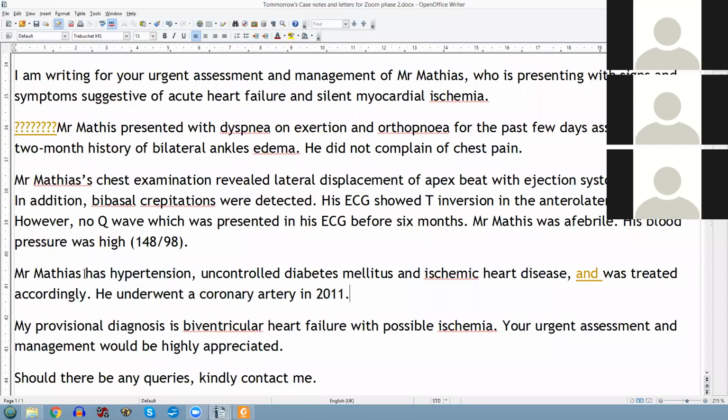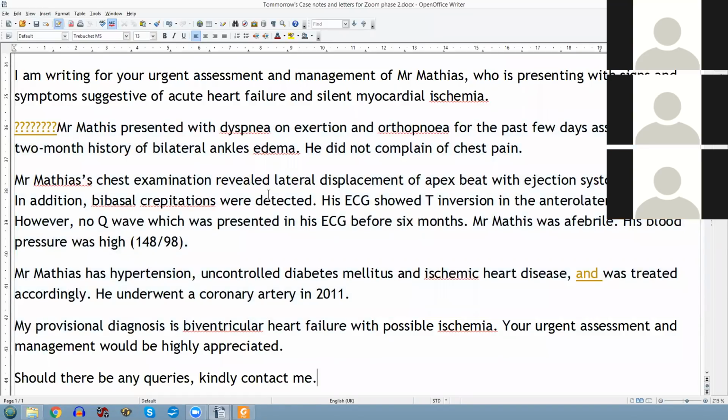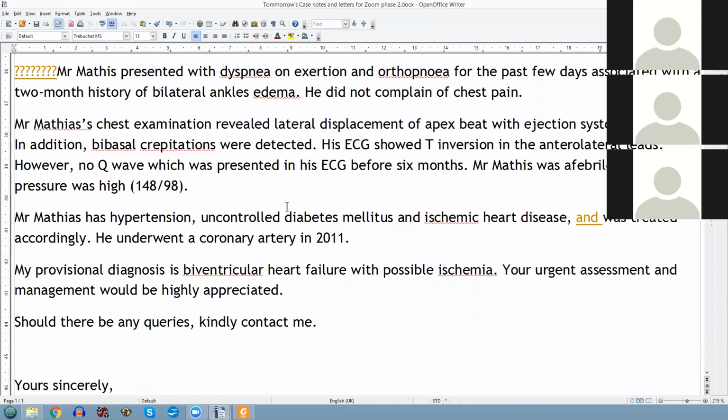So he has hypertension now, and he was treated in the past, and we're back into the past. So the timeline, the chronology here is not very clear. I'm not really sure what happened when. So you'd have to make sure you put in some dates, a reference to time in this one.